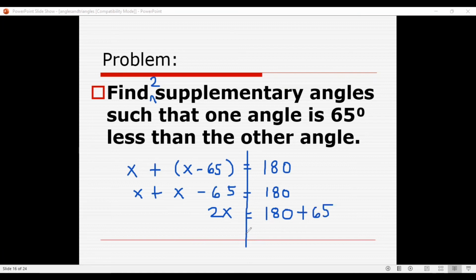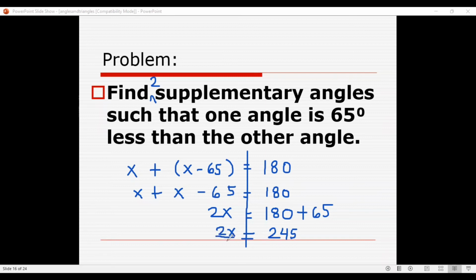Then what do we have? We have 2x, and 180 plus 65 will give us 245. Now, you will notice that the division is not exact.